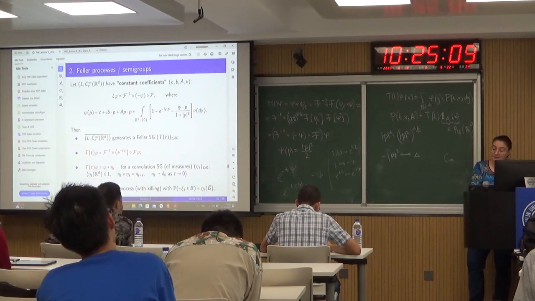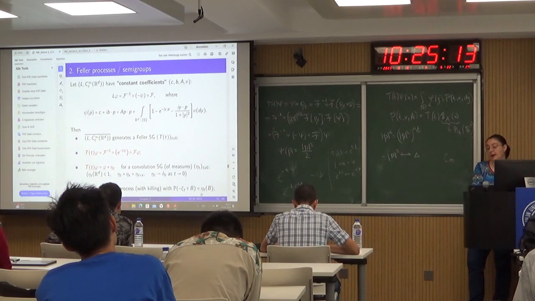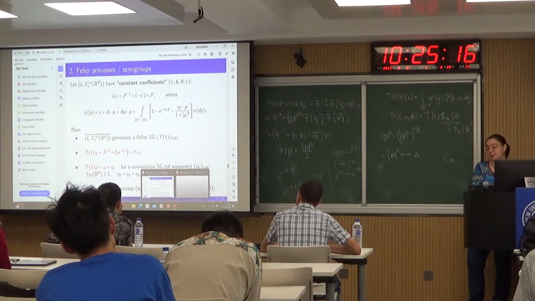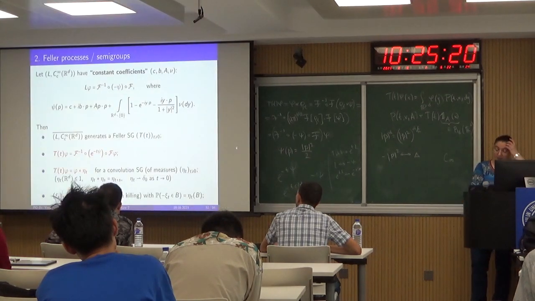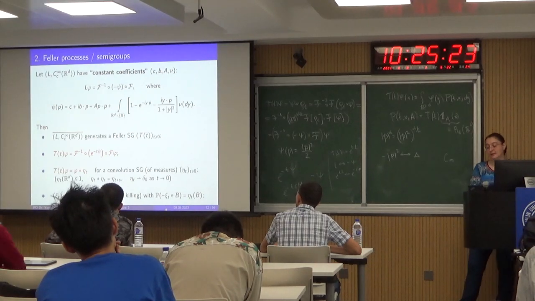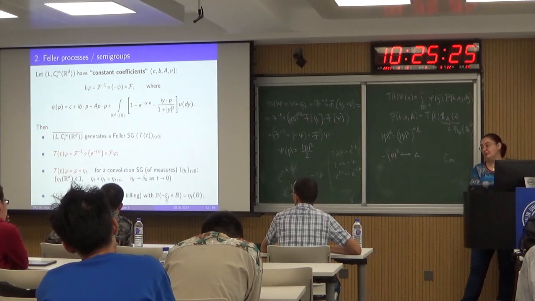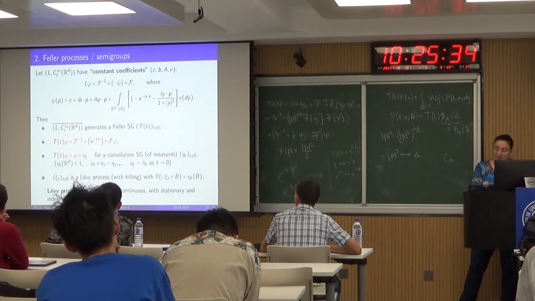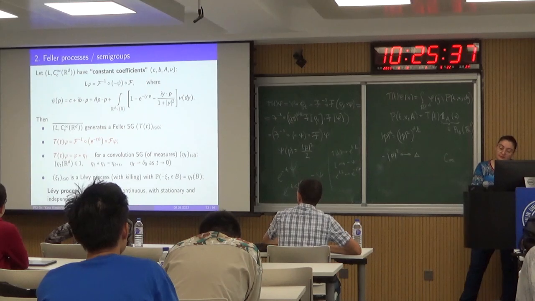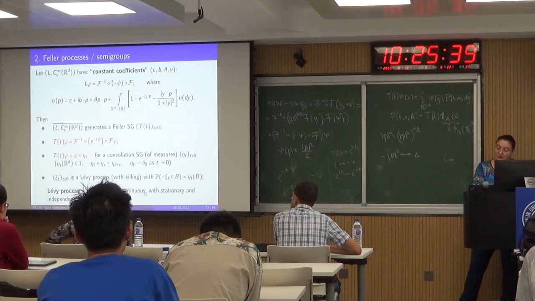What does it mean, corresponds? It means that these measures eta t, which are given here, give rise to the distributions of random variables xi t. Just in case, a Levy process by definition is a stochastically continuous process with stationary and independent increments.